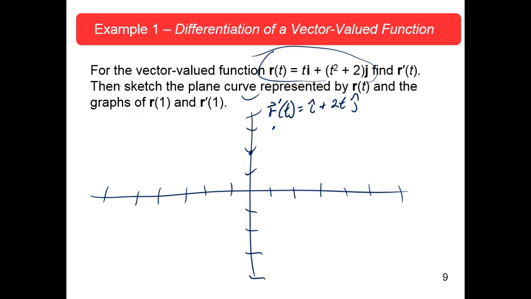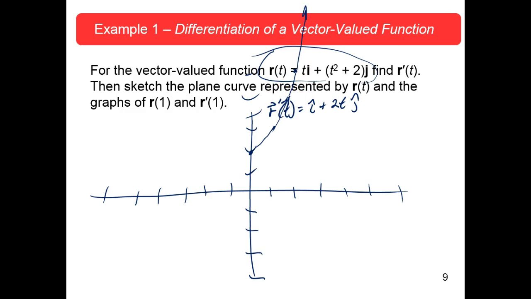Right? Give me another t. 2. So that would be 2i plus 6j, somewhere up here. So it's looking like it's going to be a parabola like this, right?